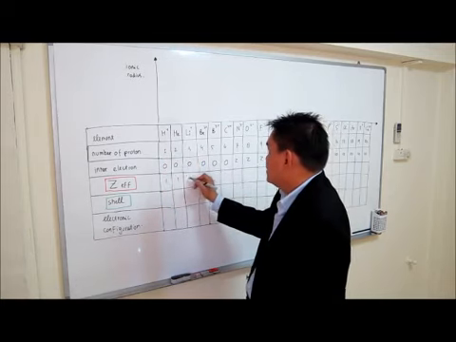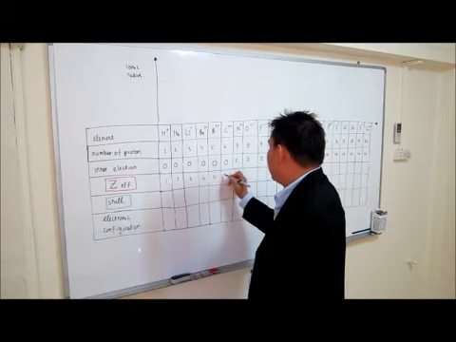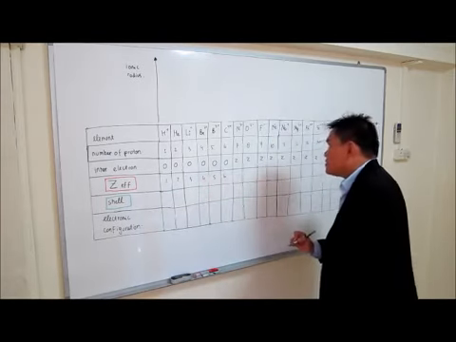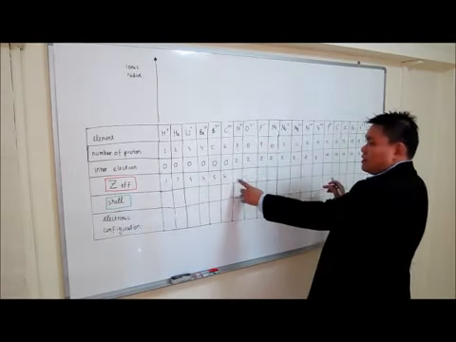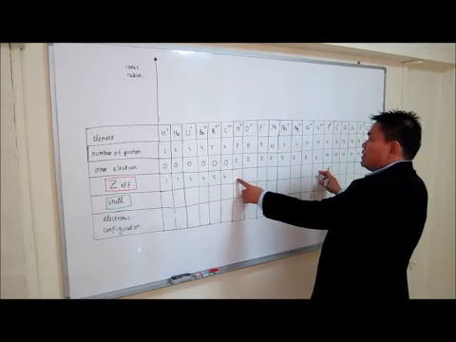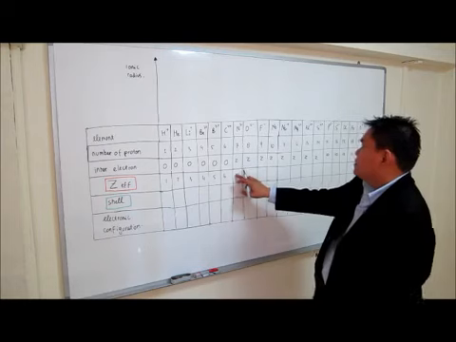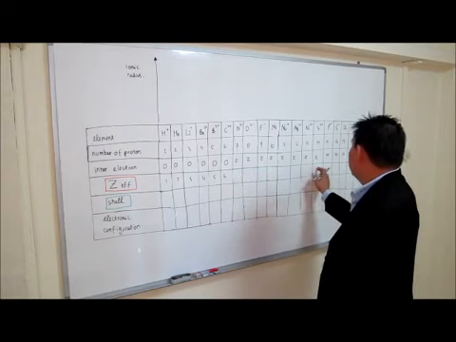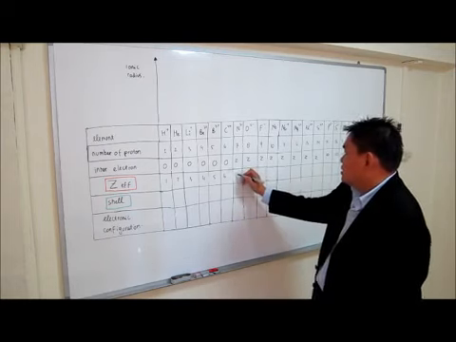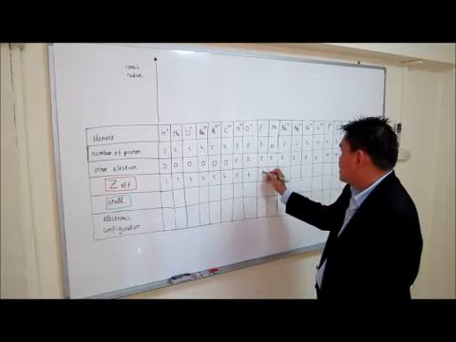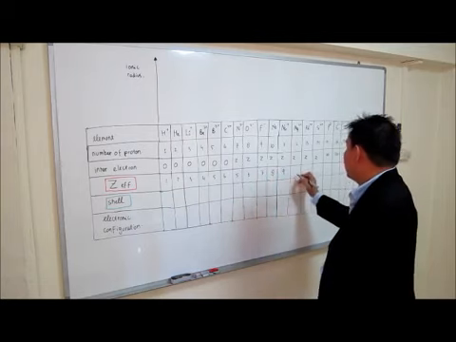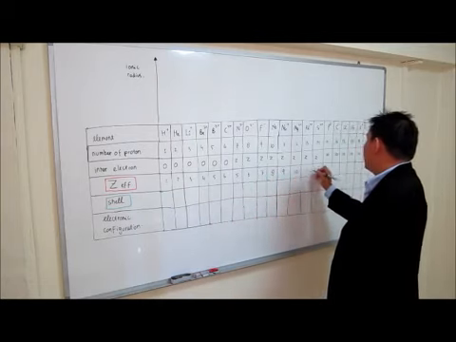So 1, 2, 3, 4, 5, 6. So the effective nuclear charge will be increasing from nitrogen 3 minus to silicon 4 plus. So 5, 6, 7, 8, 9, 10, 11, 12.